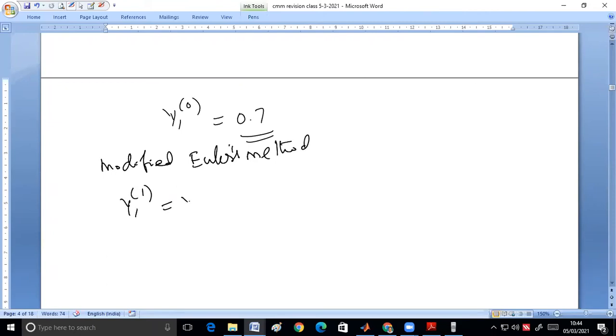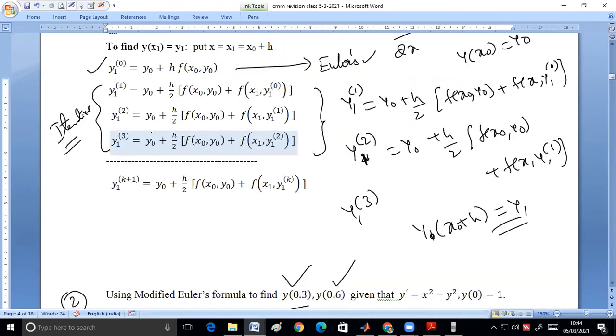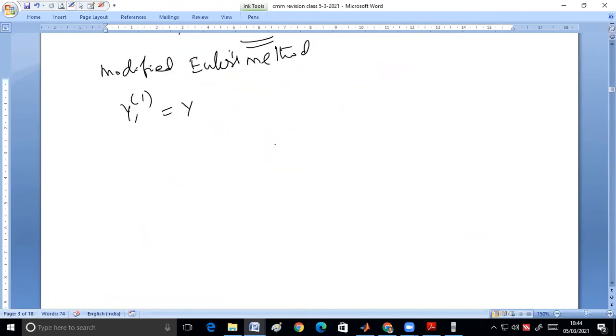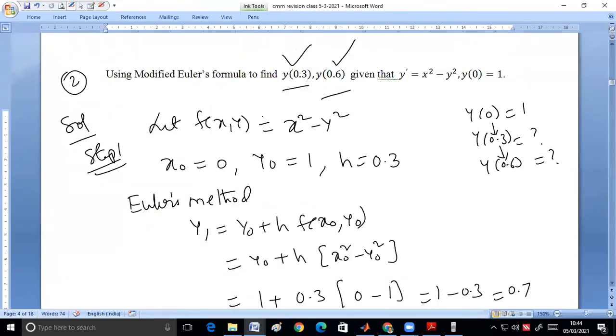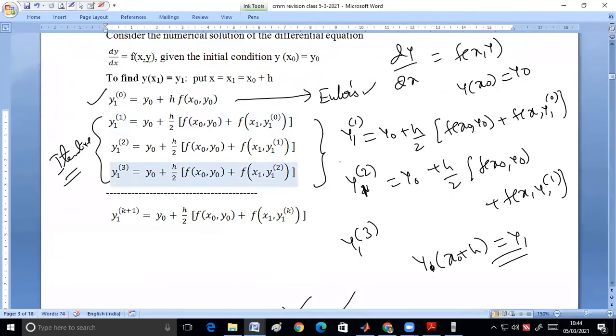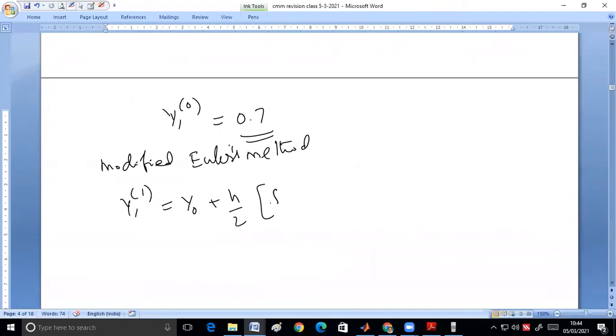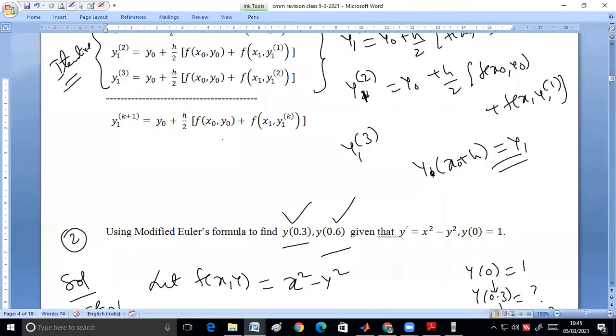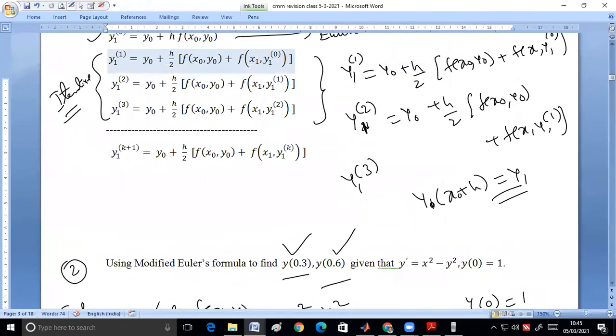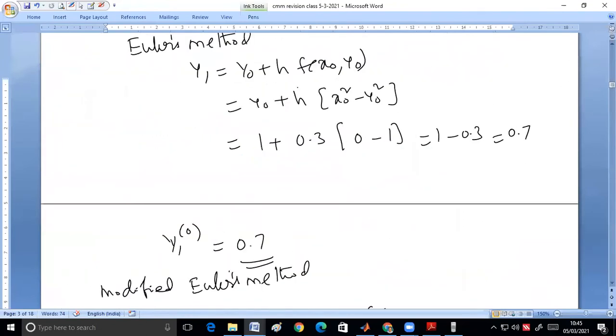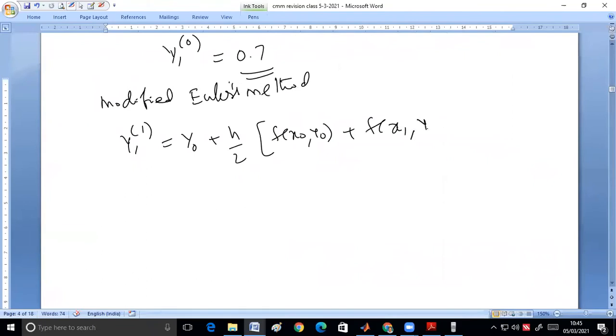Now observe the formula. y naught plus h by 2 into, the first value is the same, f of x naught, y naught, plus f of x1, now this is the new value x1, and y1 initial approximation, nothing but 0.7.